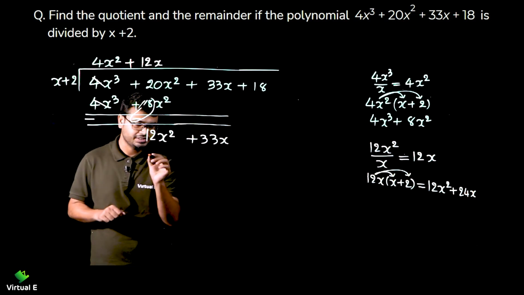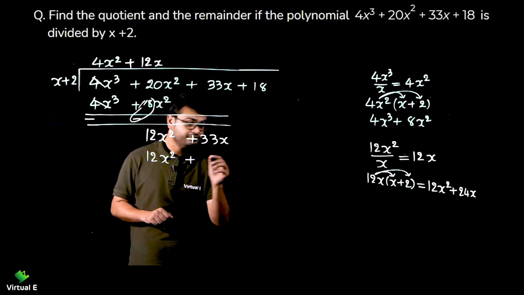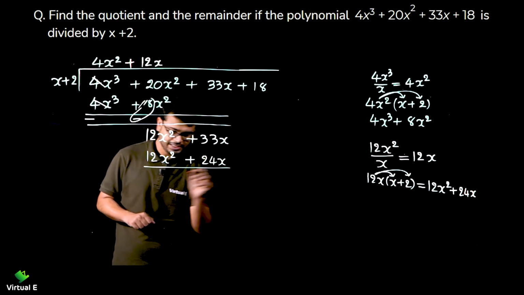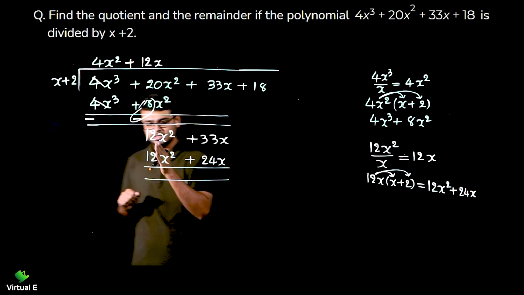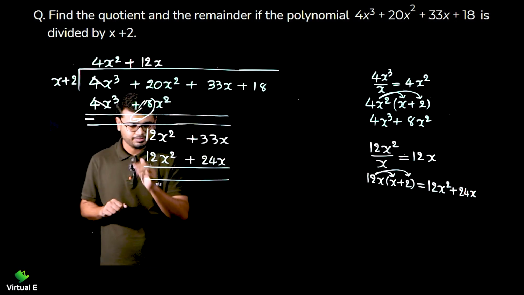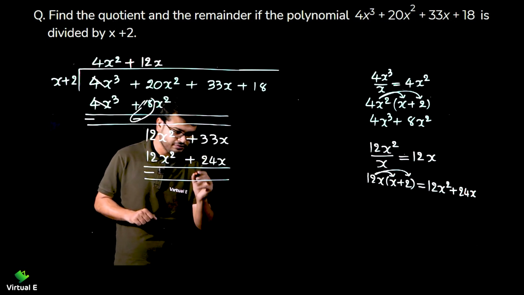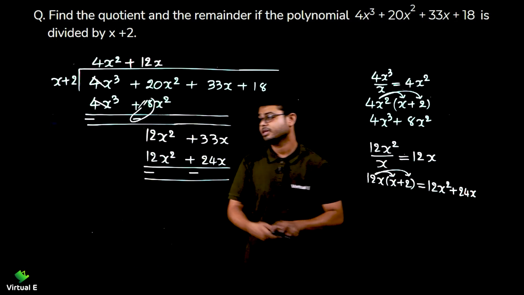We have 12x square. So here it is, plus we have 24x. Now let's subtract. For subtraction, we are supposed to change the sign. This plus 12x square, as it is here positive, will become negative. This 24 is positive, so negative. Now let's do the simplification.